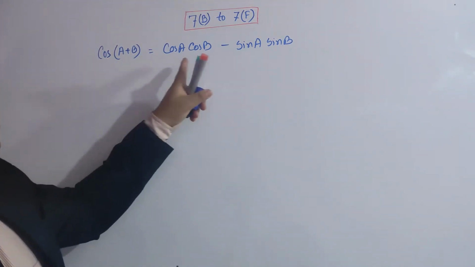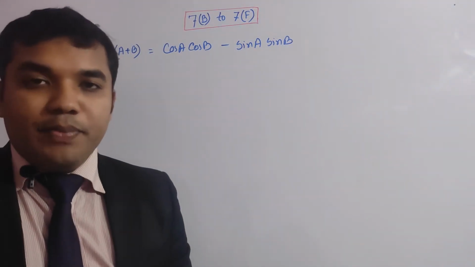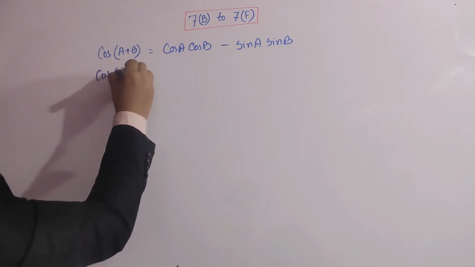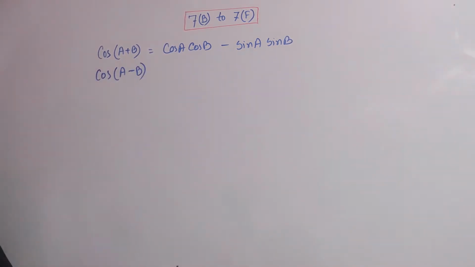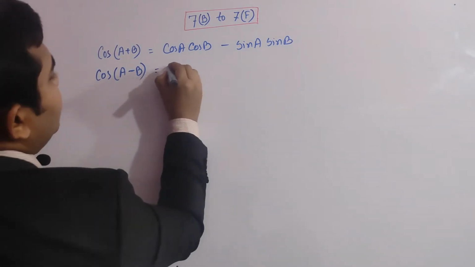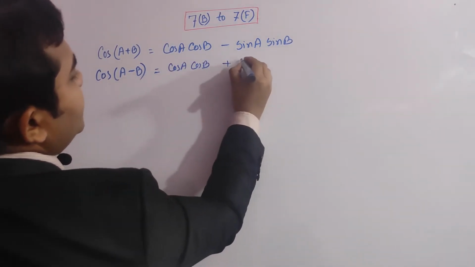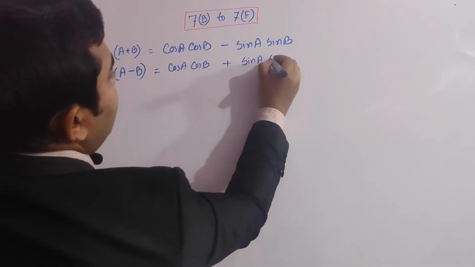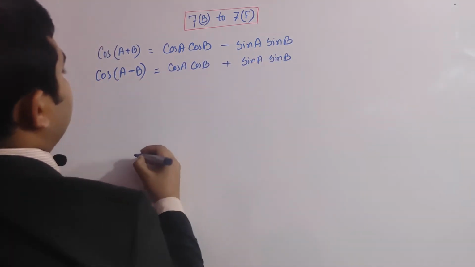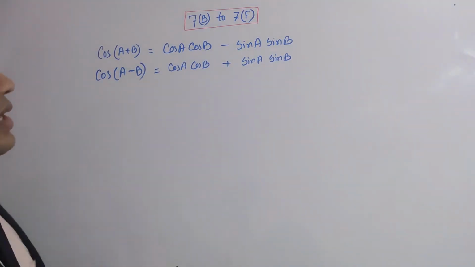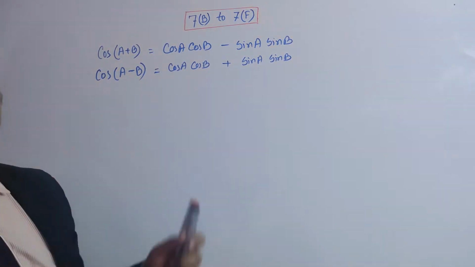And what will be cos A minus B? Tell me. Exactly, cos A cos B plus sin A sin B. Good. So again, if we add, what will we get? If we subtract, what will we get?